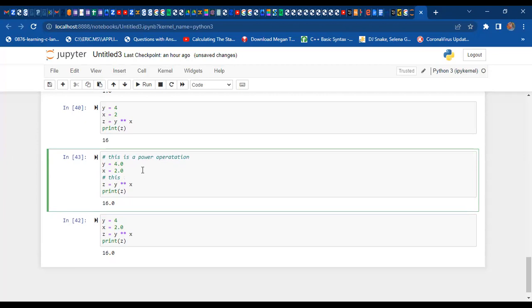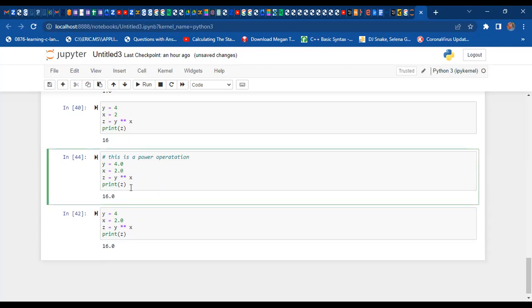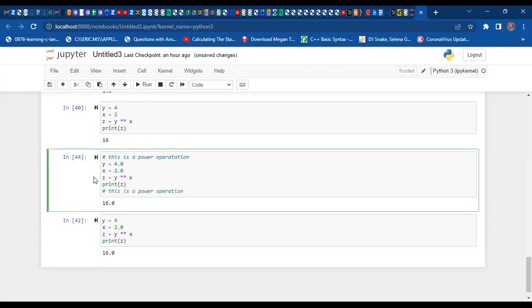Even if I put it here, it still runs. If I put it here, still runs.